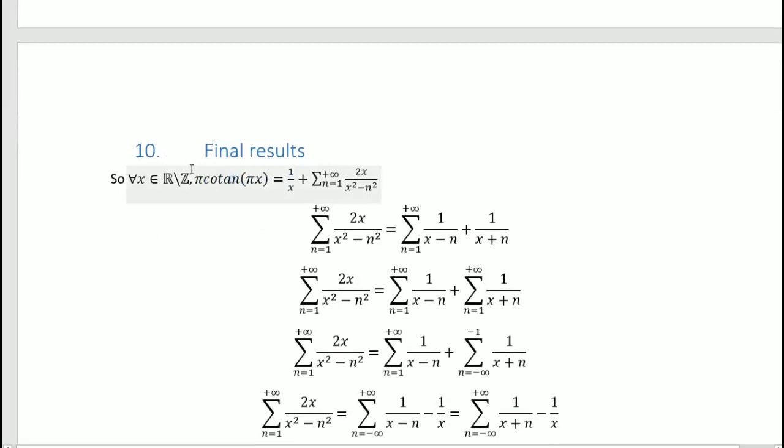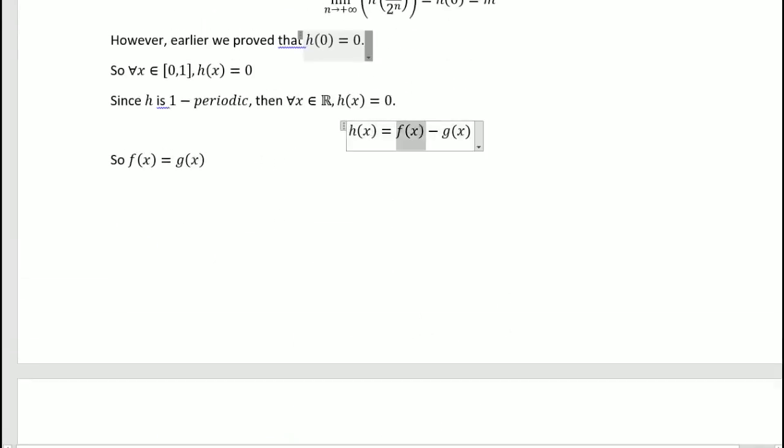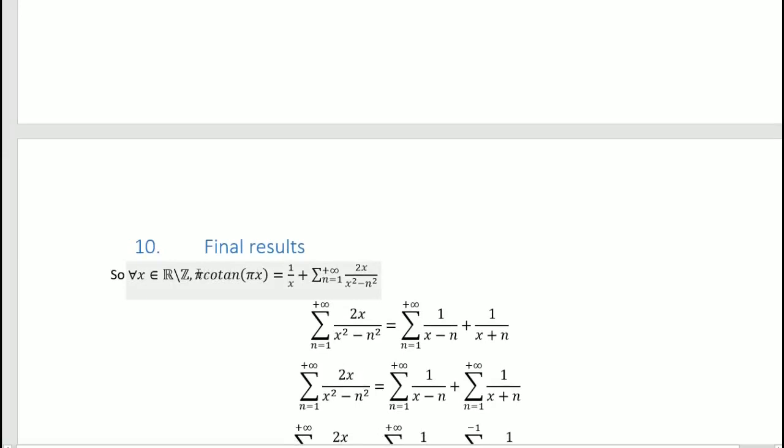So for x in the reals without the integers, we get that pi times cotangent of pi x equals 1 over x, that is our g0, plus the sum of the g n's with n greater than or equal to 1.